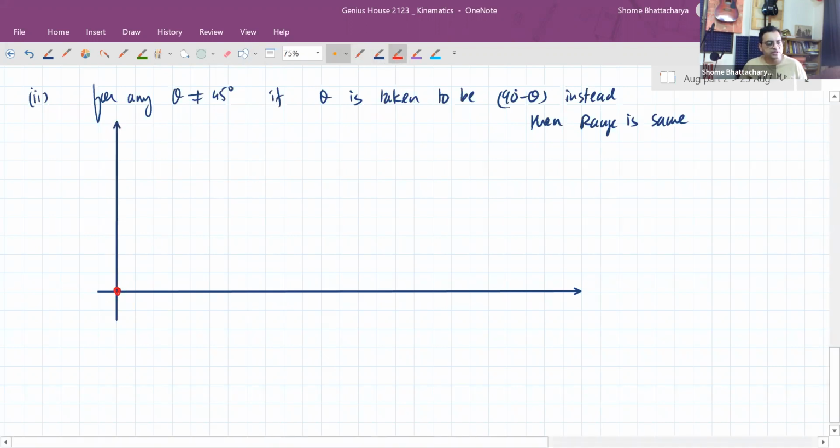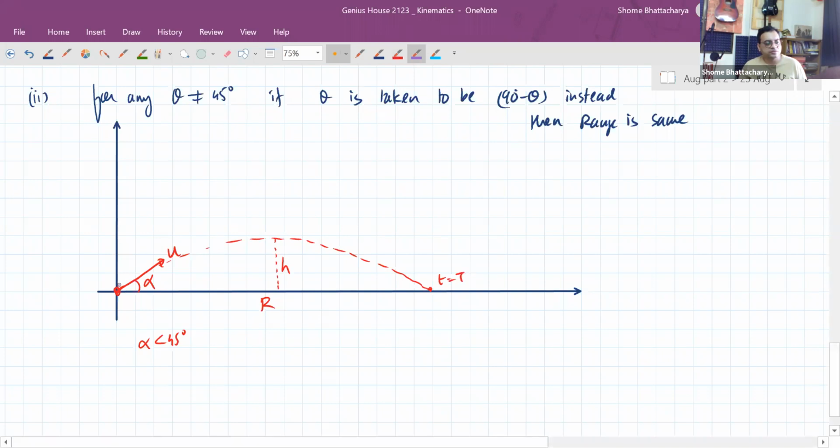So let's say we are projecting here at some speed u, at some angle alpha, and alpha is, let's say, less than 45 degrees. So it's going in this kind of a path. It's achieving a certain amount of range, and of course a certain amount of height and a certain time of flight.